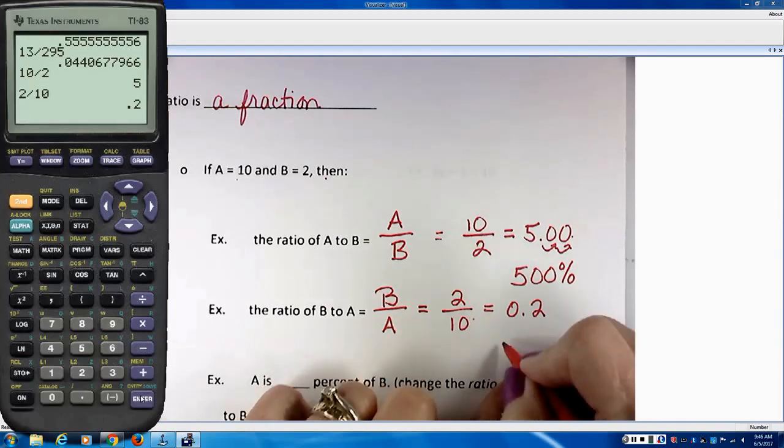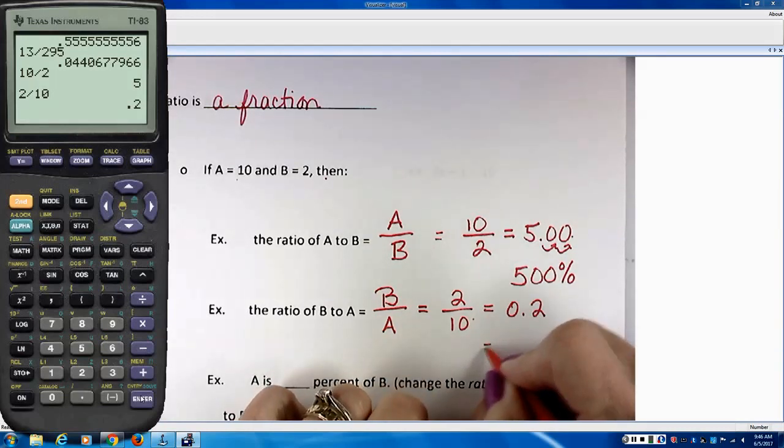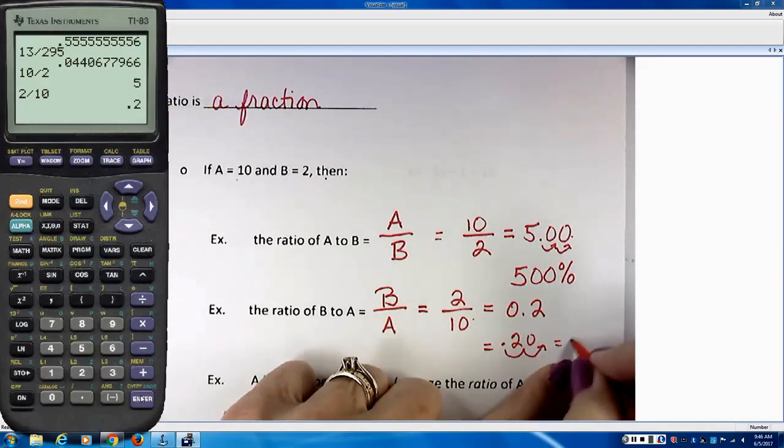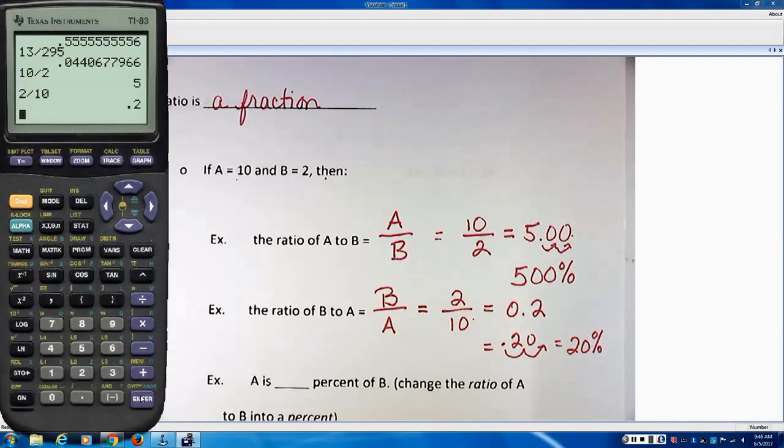And if you want to change it to a percentage, it's 20%. We do use proportions quite a bit in realistic problems.